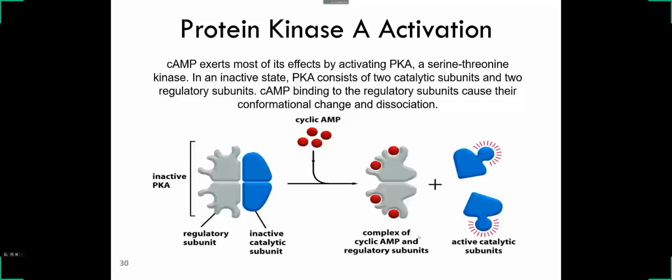Cyclic AMP binds these regulatory subunits. It releases these inactive subunits to now become active, and these catalytic subunits can go on and phosphorylate a variety of intracellular targets.